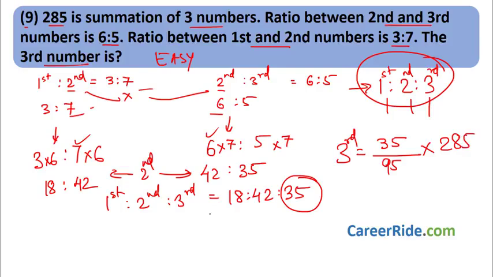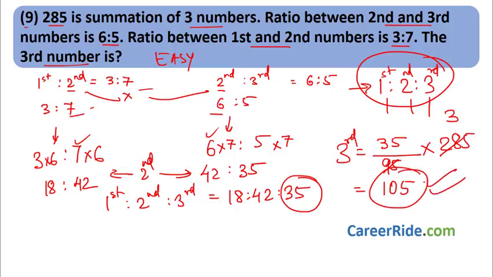The total of all three numbers is 285, right? So what do we get? 285 divided by 95 is 3, and 35 into 3 is 105. So the third number is 105. See how easy it was.